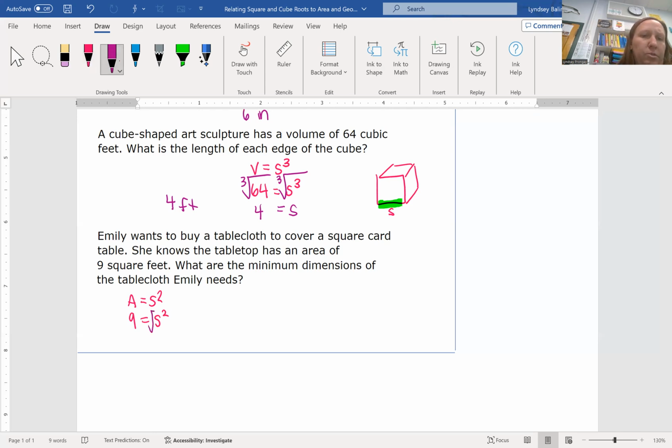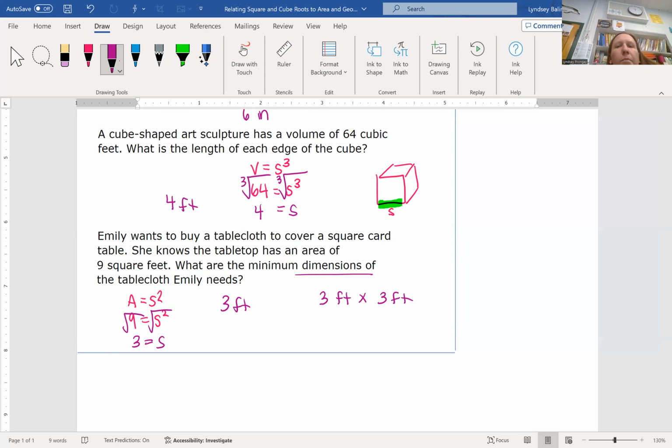We will square root both sides and get S equals just the positive 3 here, not positive and negative, because we're dealing with an actual table, which means that each side is going to be 3 feet. Usually when you say dimensions, you talk about the length and the width. So it's going to be a 3 foot by 3 foot tablecloth, 3 feet on each side.